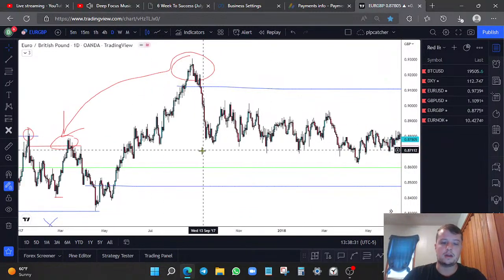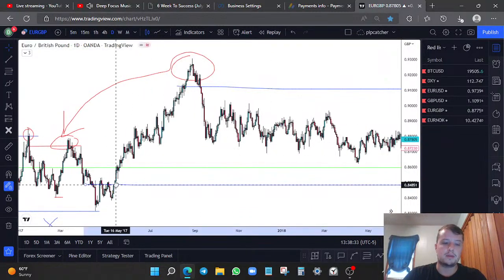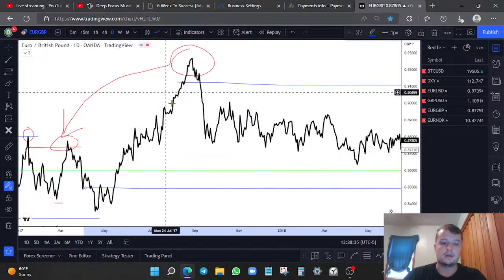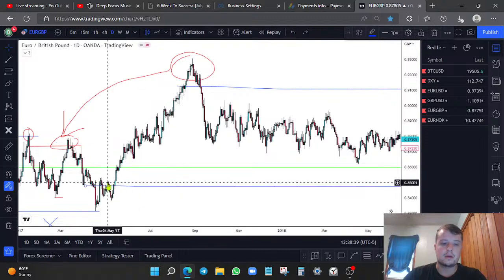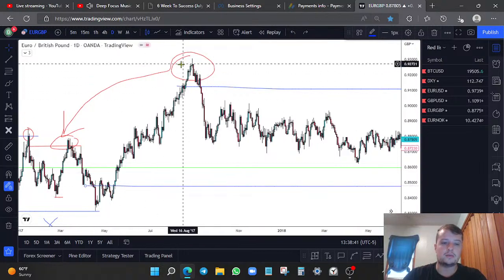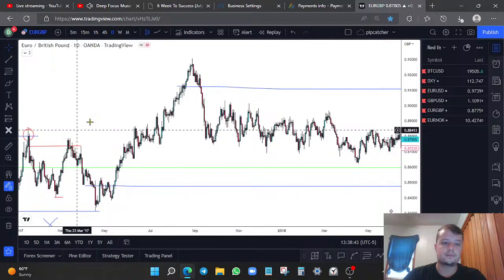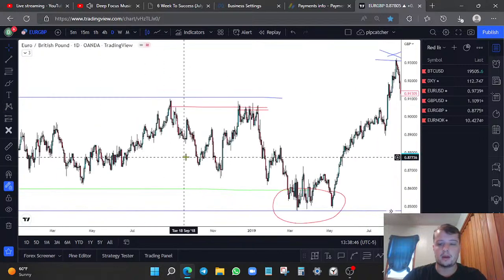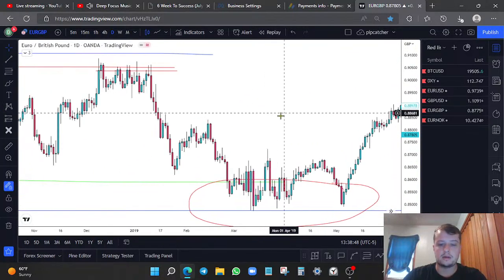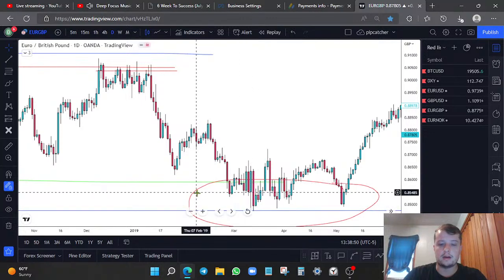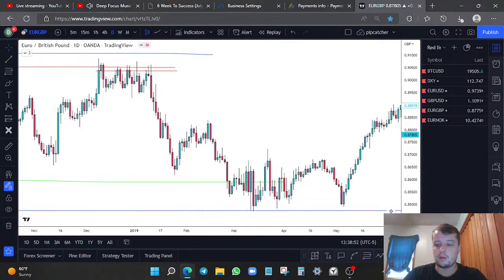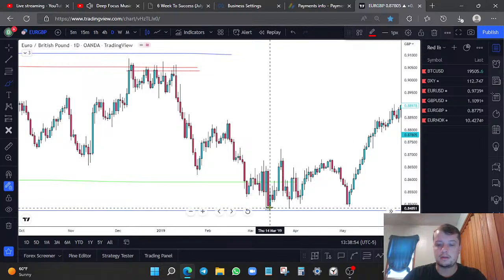See how it was that last bit of selling right here? Right here, and then that huge push to the upside. And look at how price rejects from that area, from that weekly point of interest.